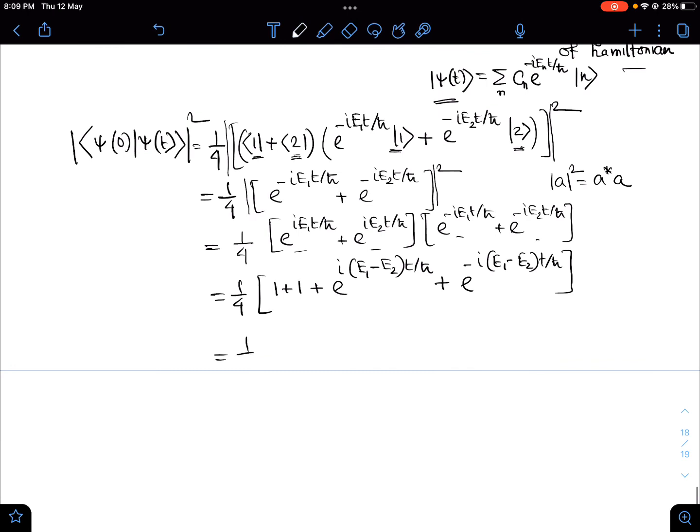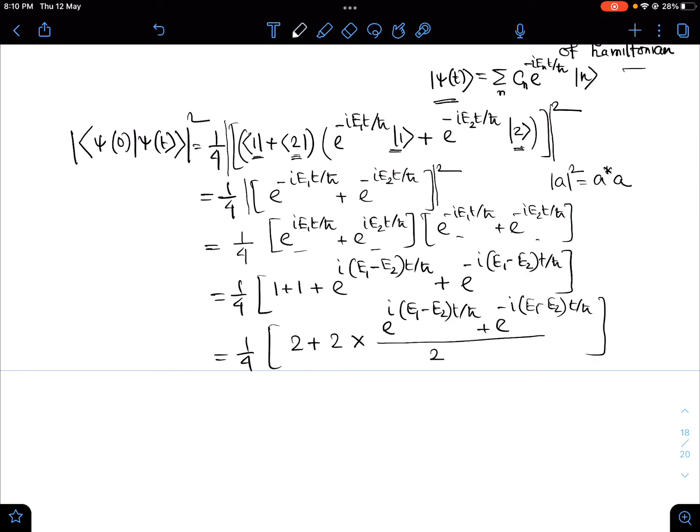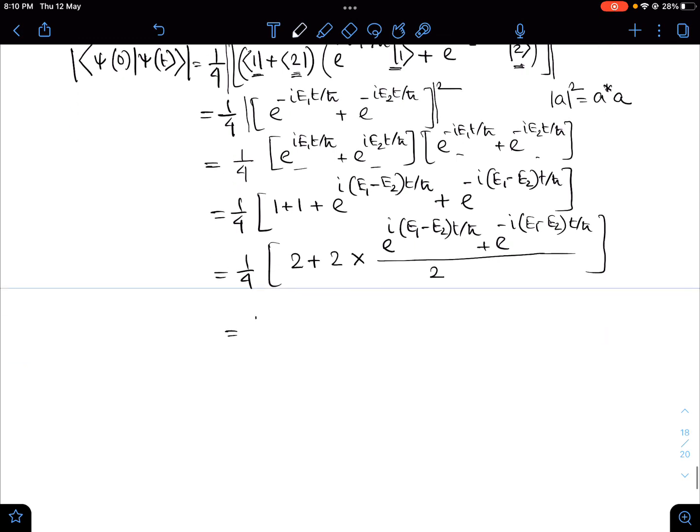Let us do a simple algebraic manipulation: multiply this by 2 and we will have 2 here. So it will be e to the power i (E1 minus E2) t by h cut plus e to the power minus i (E1 minus E2) t by h cut.